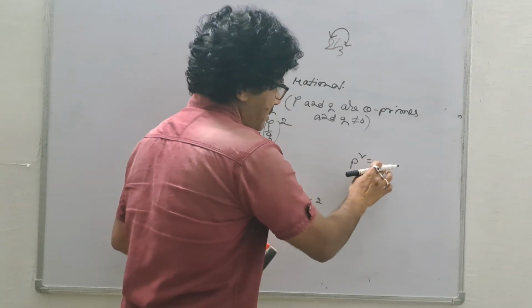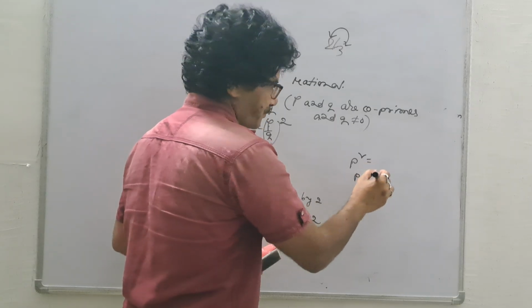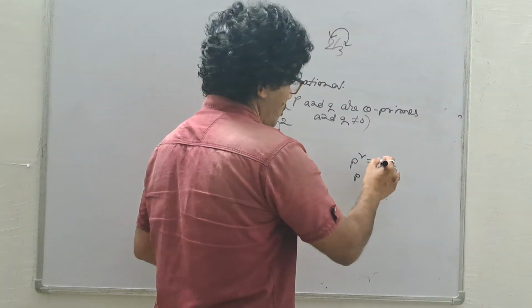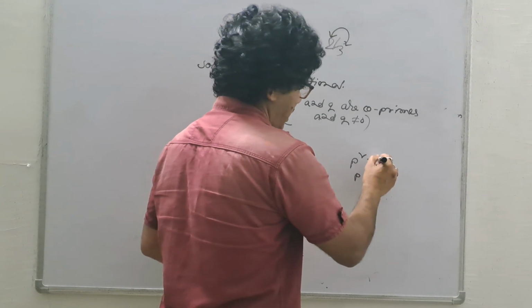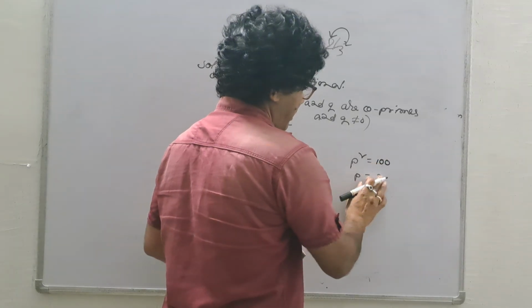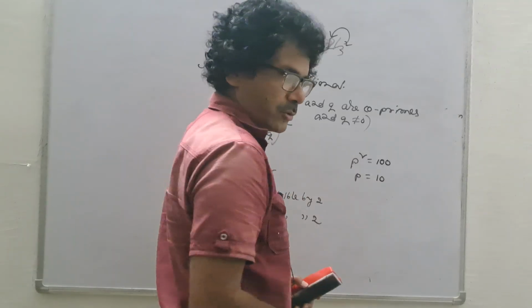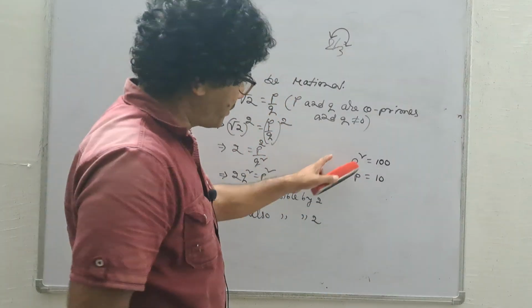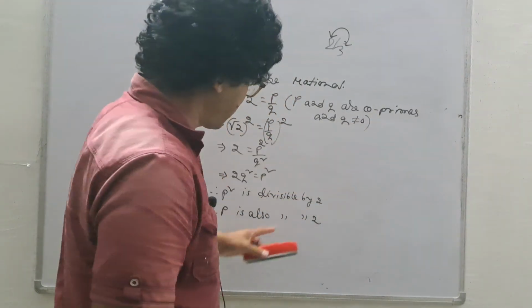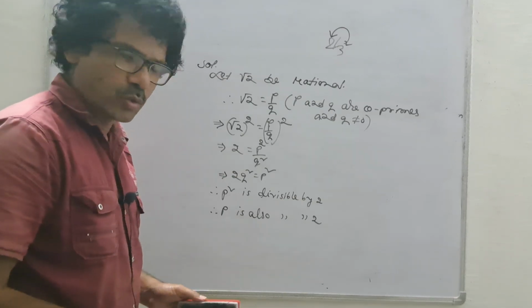It may be suppose 100. 100 is divisible by 2, then p is what? 10. 10 is divisible by 2. Okay, so if p square is divisible by 2, p must be divisible by 2.